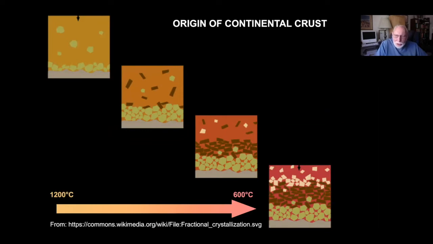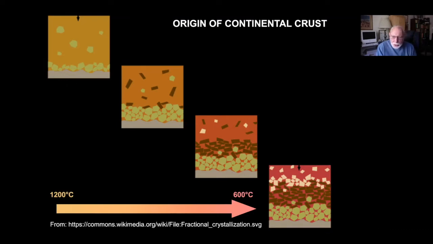It probably all started as pretty much an oceanic type of crust. And the idea, I think the best idea, is that these early magmas, as they cooled, the minerals and elements that had the highest melting point came out first and accumulated on the bottom. So what you got was a removal of the iron and the calcium and the magnesium with time.